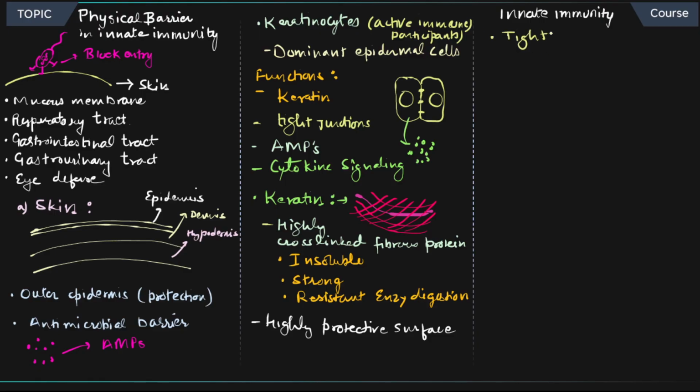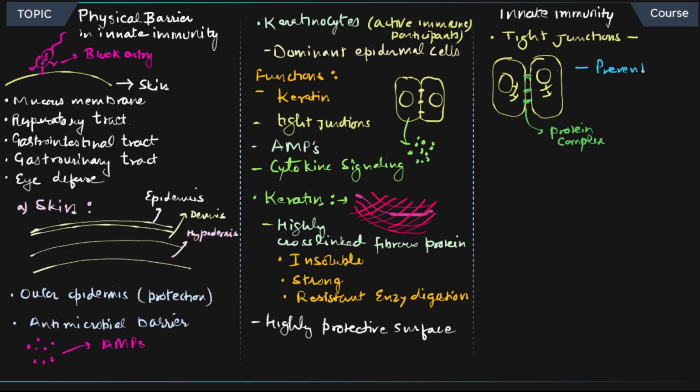Now let's talk about tight junctions. We understood that there is a protein complex between the cells. If I draw the cells, these keratinocytes, in between the space you can see there will be the protein complexes in green color that I'm trying to show. These protein complexes are the tight junctions. They will fix the cells so tightly that nothing will enter in between them.